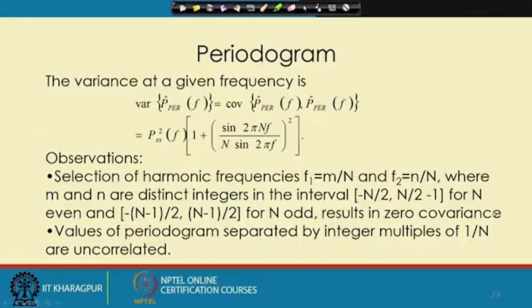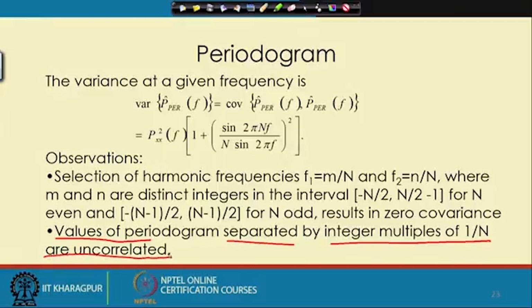So, the values of the periodogram separated by an integer multiple of 1 by N are uncorrelated. If the covariance is 0, that means they are uncorrelated.